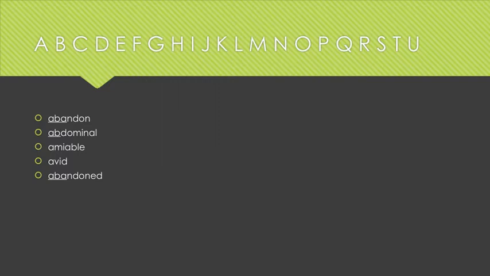Well, since the letter N is in the 1, 2, 3, 4, 5, 6, 7th place of both words, and there is nothing after it in abandon, then I know that word comes before abandoned because that only has 7 letters and N is the last letter. See, if we put it side by side, you can see that abandon will come before abandoned in the dictionary and in alphabetical order.